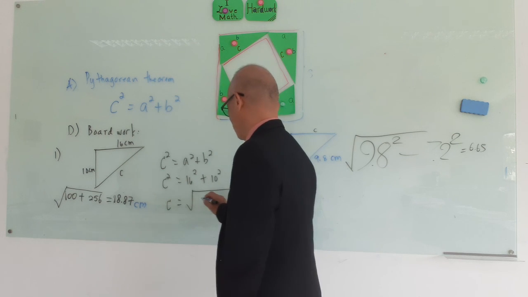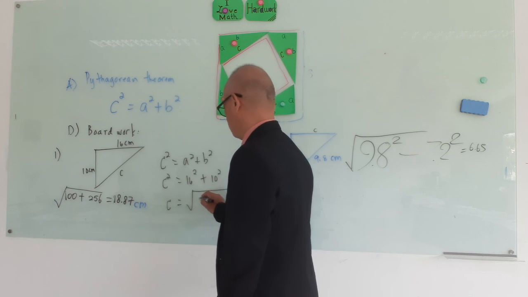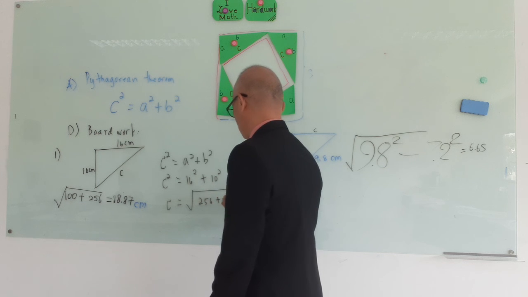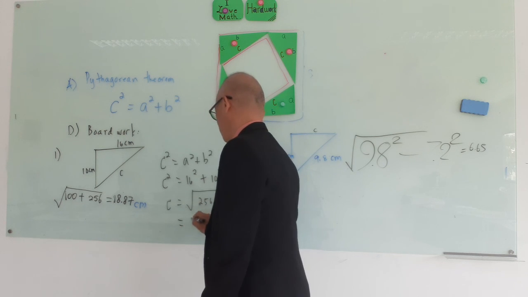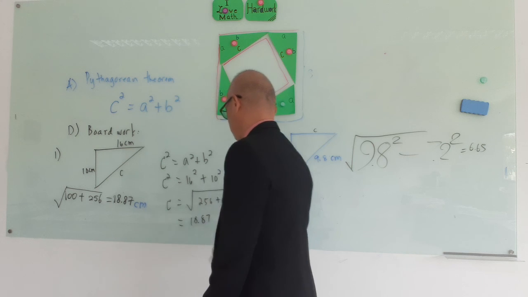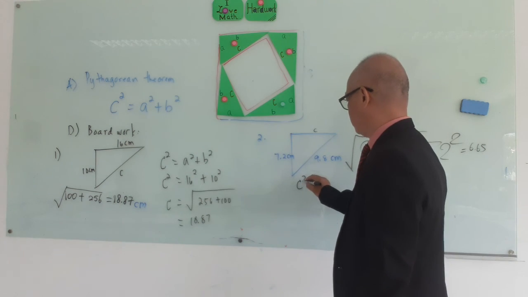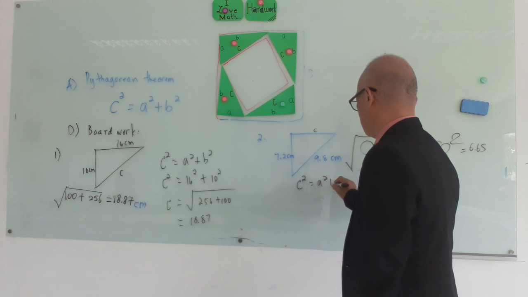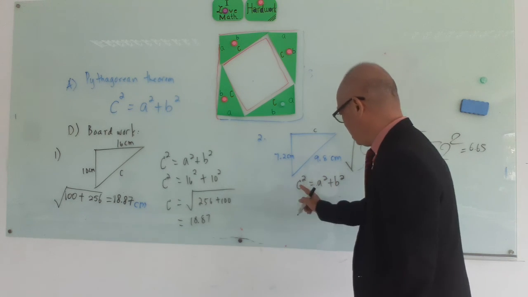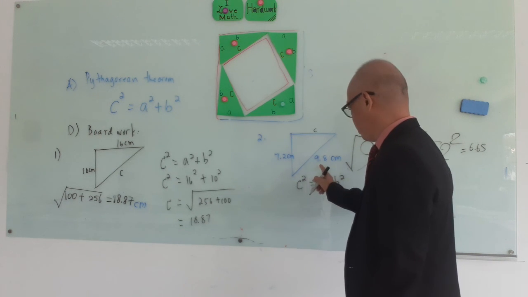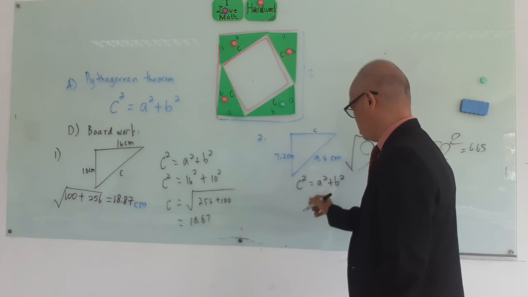So you will not be confused. This one is 256 plus 100. And then that is your answer. Always use the formula, so you will not be confused.